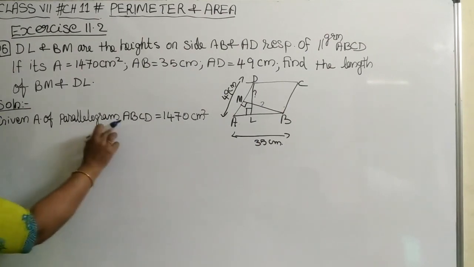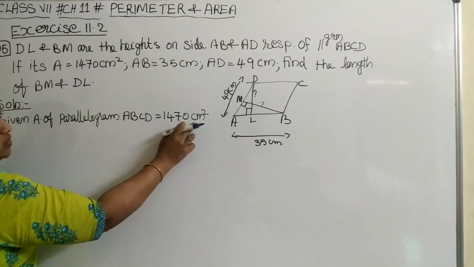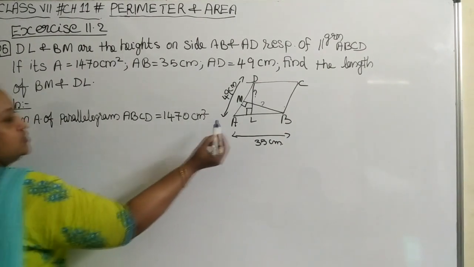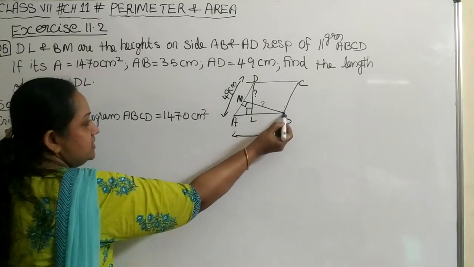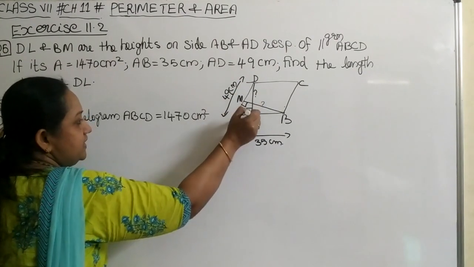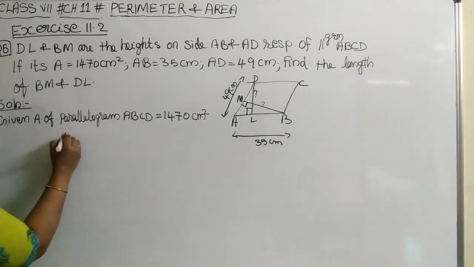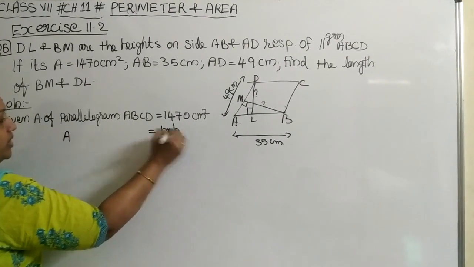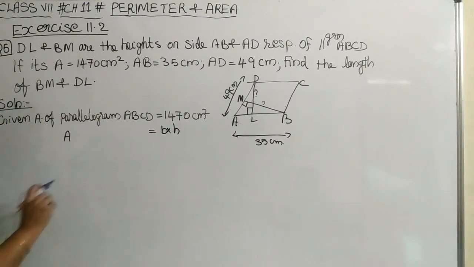Given area of parallelogram ABCD equal to 1470 centimeter square. What is area of parallelogram? Yes, base into perpendicular height towards the base. So children, if you are taking this as the base, the perpendicular height is DL. So area of parallelogram equal to base into perpendicular height towards the base.